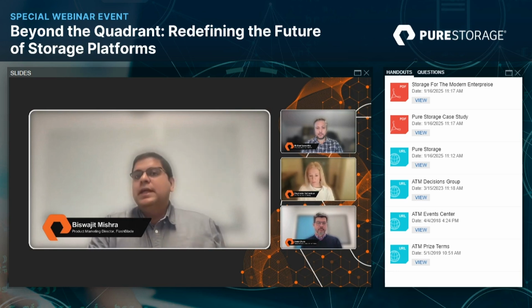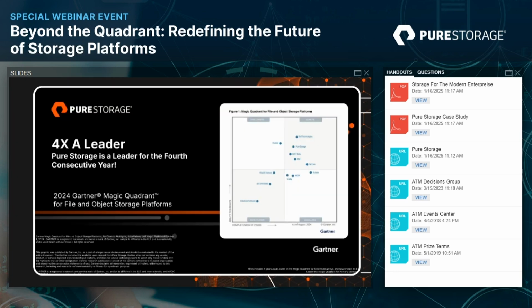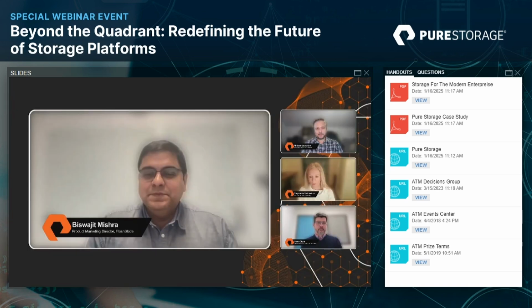In addition, in the Magic Quadrant for file and object storage platforms, Pure Storage was recognized as a leader for a 4th consecutive year. And what this really highlights is Pure continues to set the standards when it comes to delivering on the commitment of driving storage innovation, building storage solutions that set the benchmark in the industry.